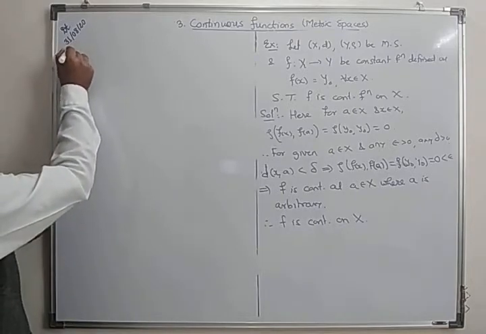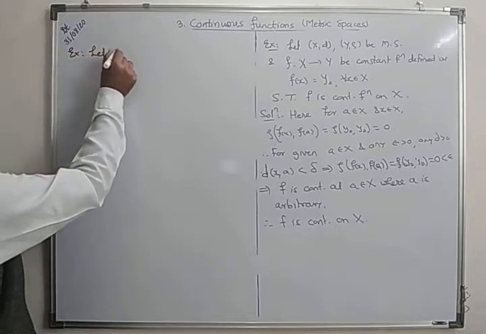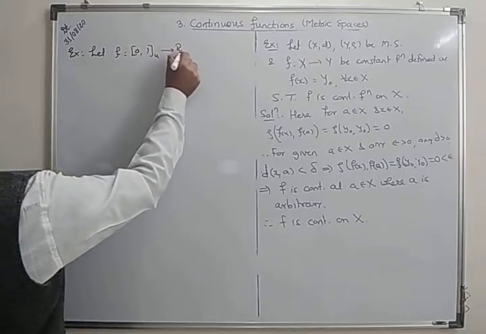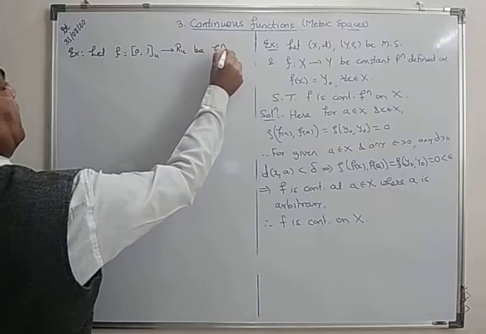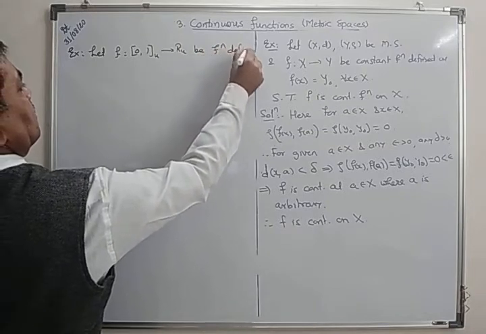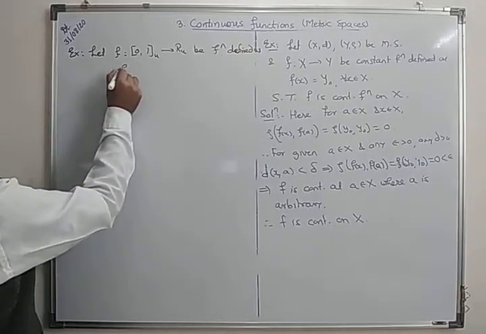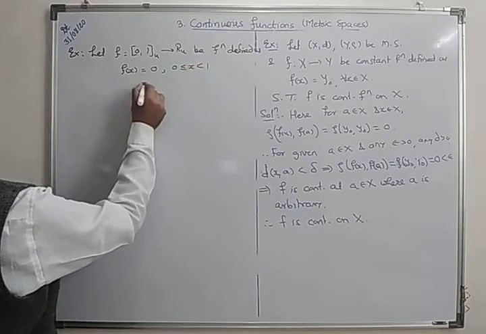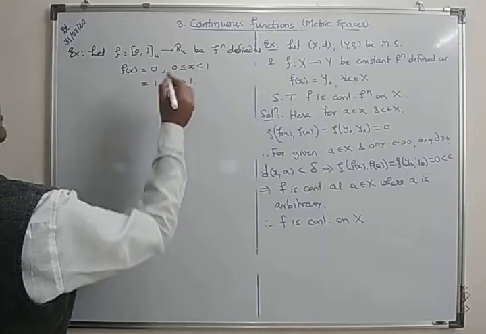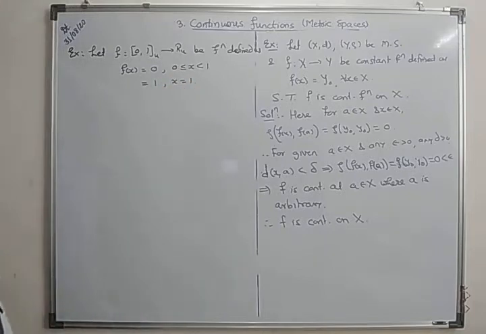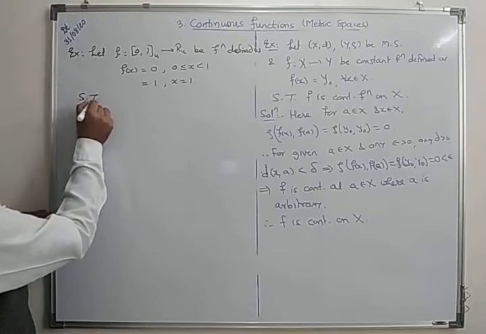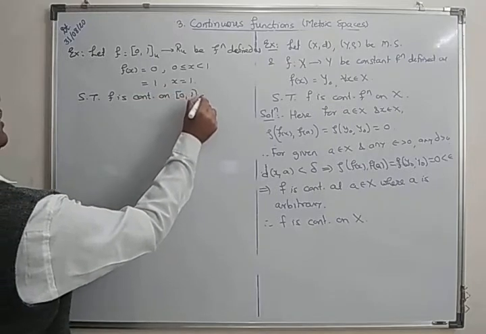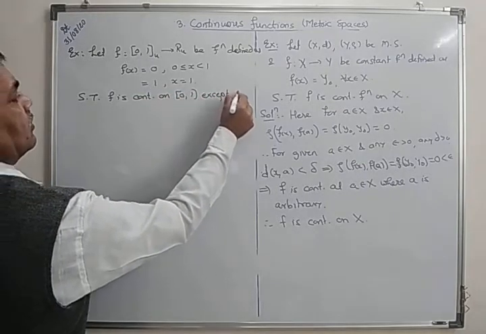Next example. Let f from the closed interval 0, 1 with respect to the usual metric to R with the usual metric be the function defined as f of x is equal to 0 if 0 less than or equal to x less than 1, and it is 1 if x is equal to 1, so that f is continuous on the closed interval 0, 1 except 1.